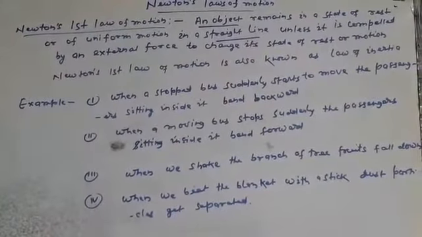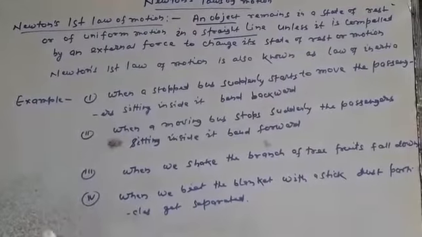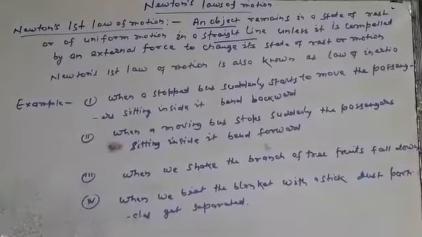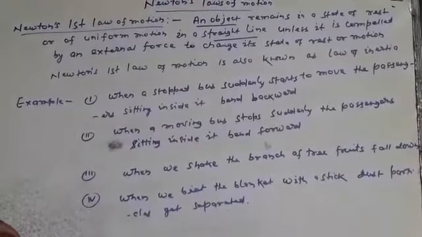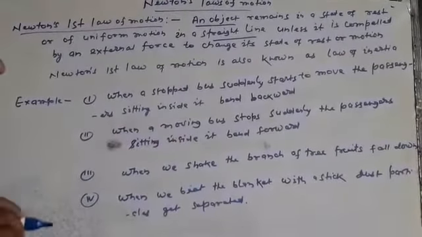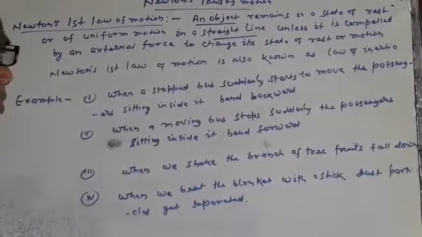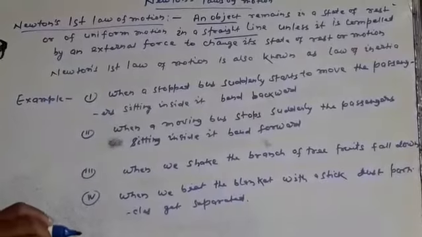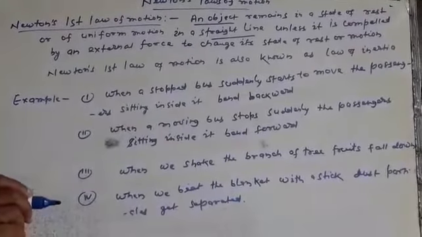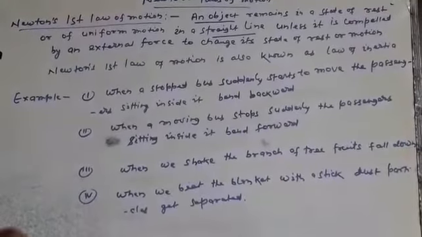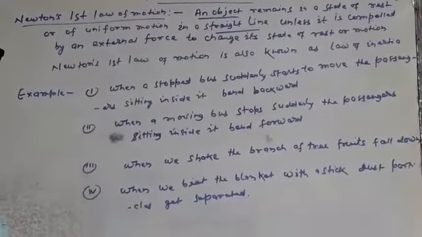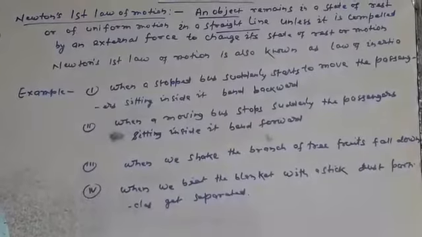This means, in other words, we can say if an object is at rest, it will remain at rest. If an object is in motion, it will remain in motion unless it is acted upon by an external force. Very simple. If a book is kept on the table, the book is at rest.